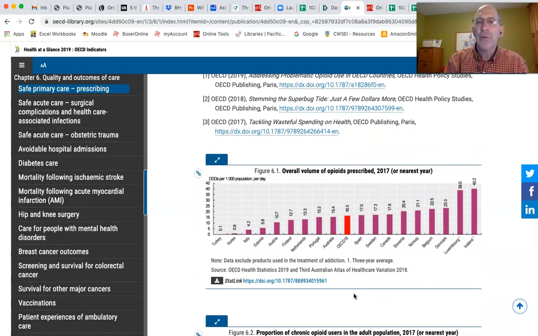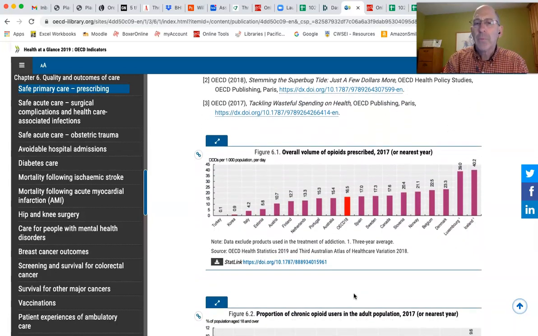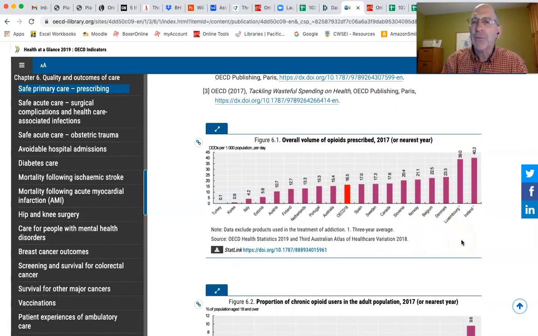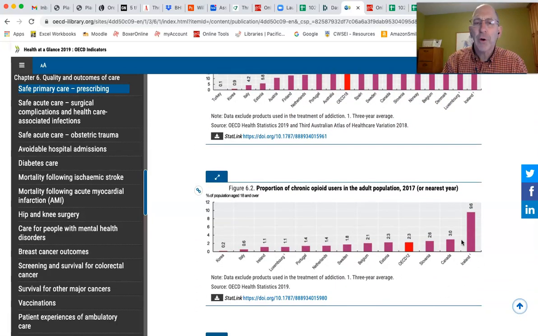And so I'm just scrolling down. So overall volume of opioids prescribed, notice that's one that doesn't have information for the U.S., which stinks for our purposes.